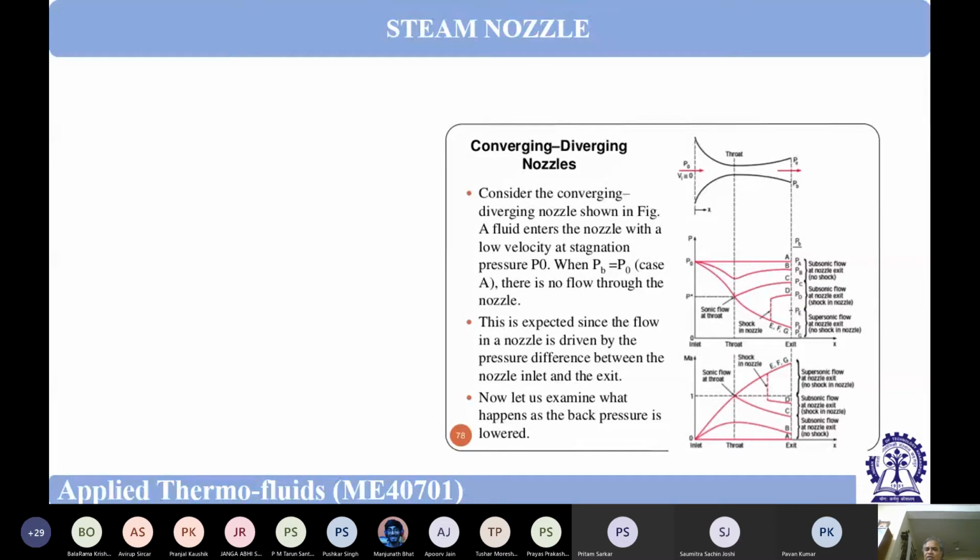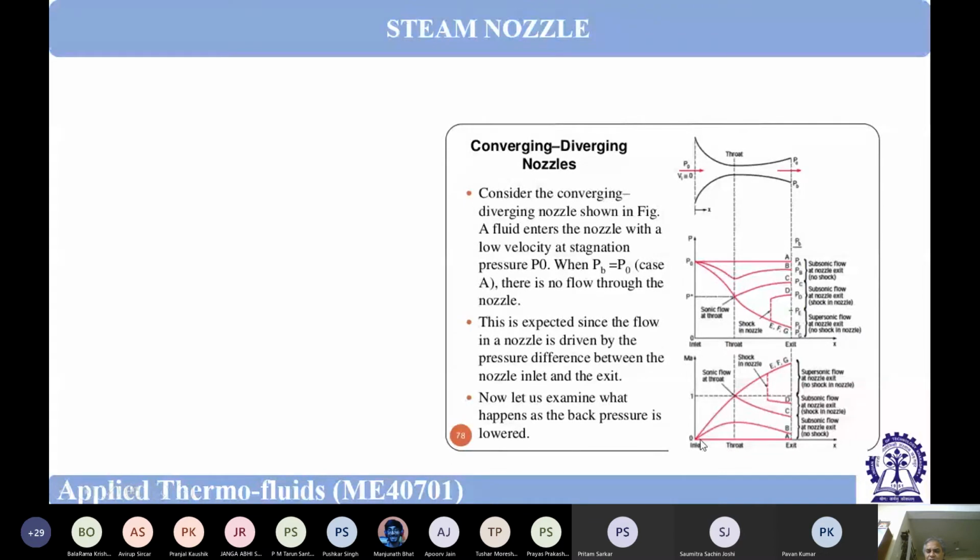So as we increase the velocity, the thrust also increases, though we are not increasing the mass flow rate. So this is a very important diagram, showing how pressure changes as we go on having different values of back pressure.